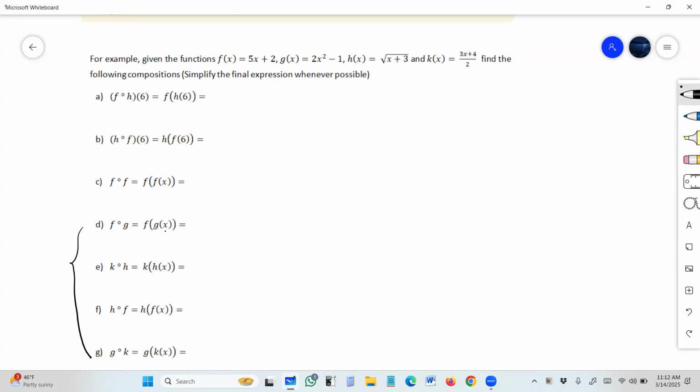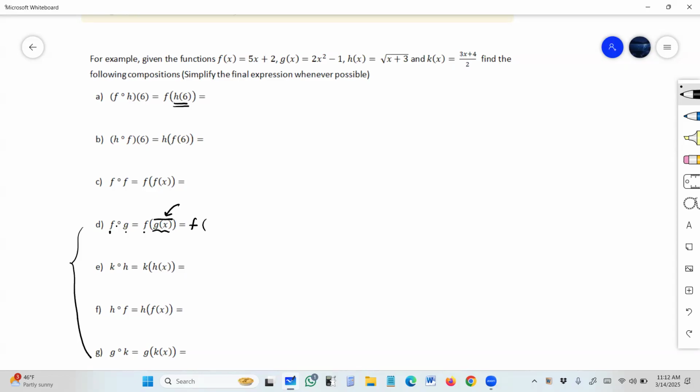Okay, so I'm going to do f compose g, which is f evaluated at g of x. So the g function goes inside here. So I'm going to write it in a way that makes sense. I already know what this is. I don't have to evaluate it like in this case, right? I'm not evaluating at a point.